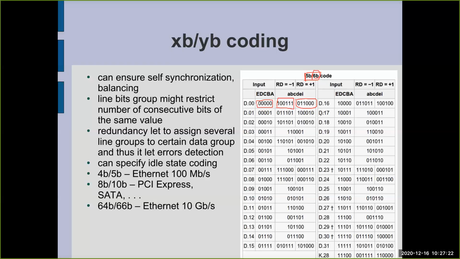Using this method, we can also achieve error detection, because if the receiver gets data which do not agree with this pattern, it detects a problem.